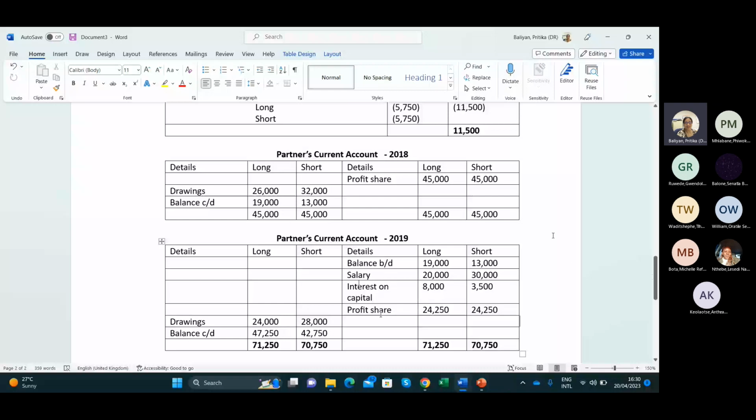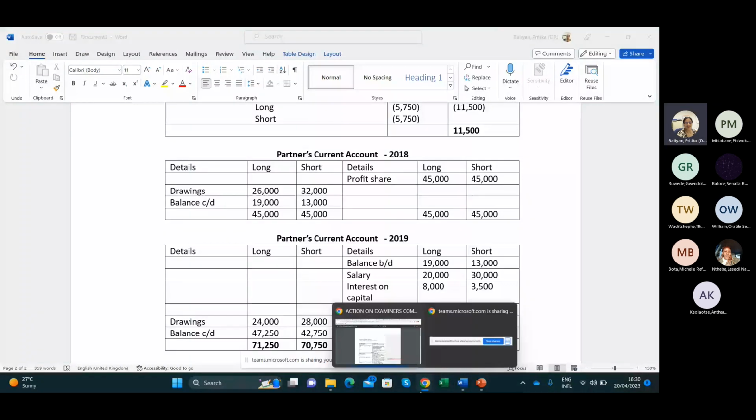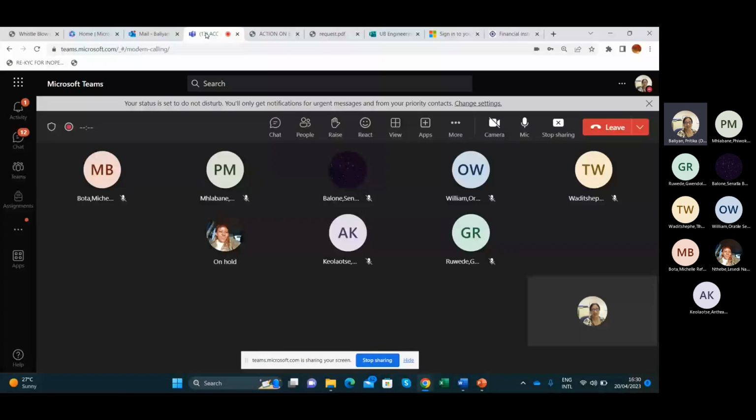Instead of profit, if it is a loss, it will come on the debit side, and the drawings, then you will calculate the closing balance. I'll post the answer for 2020, then you can double check the way you did. All right. Okay, so that is what we did with group one.